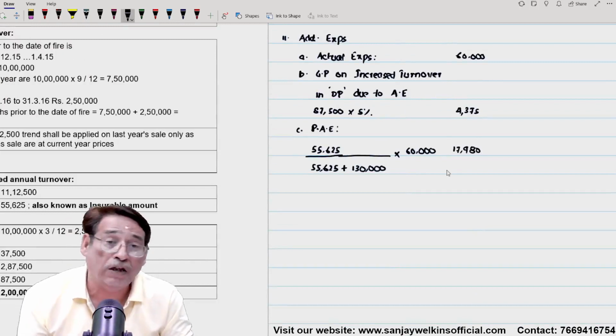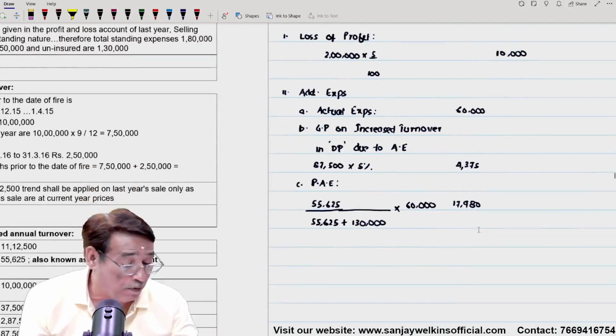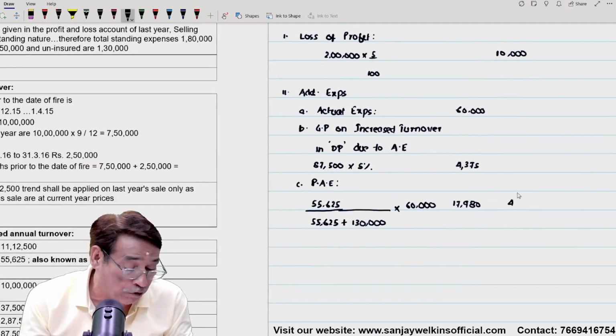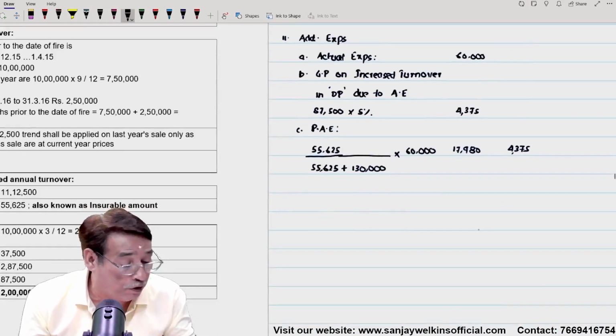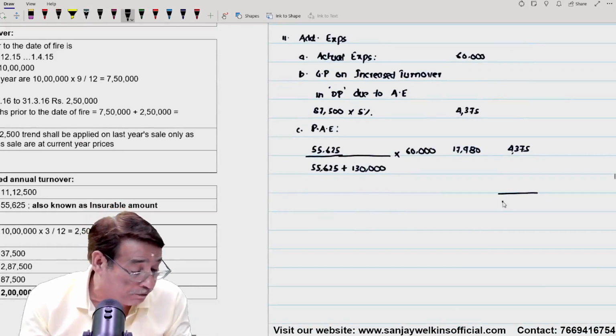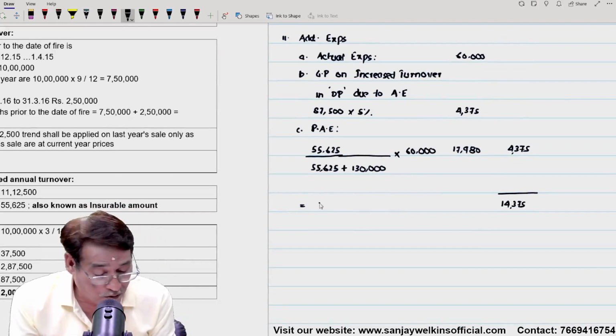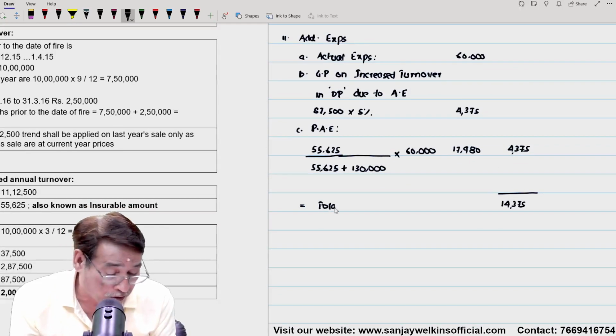So out of these three, the qualifying amount will be 4375. So the additional expenses which will qualify will be 4375. So your total loss will be equal to 14,375. Total loss.